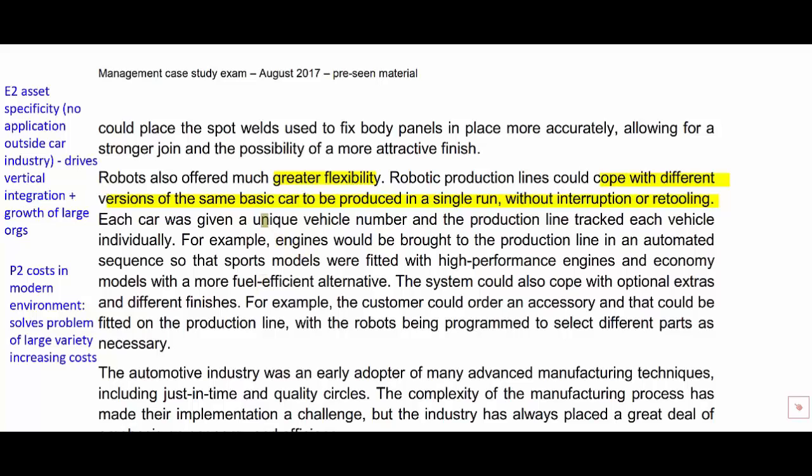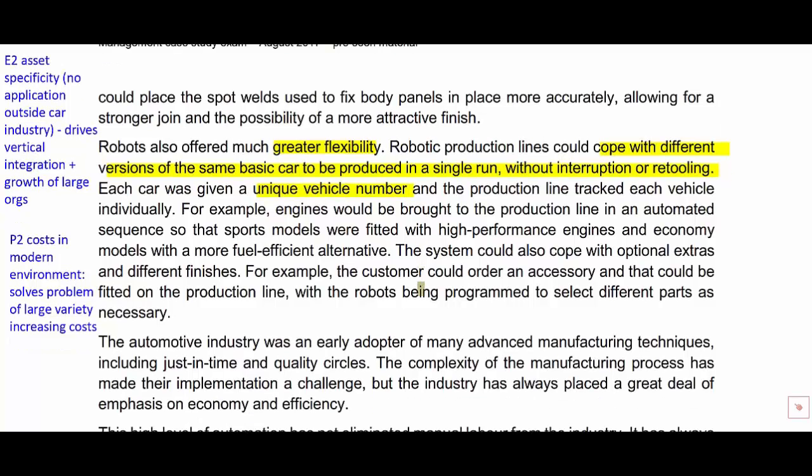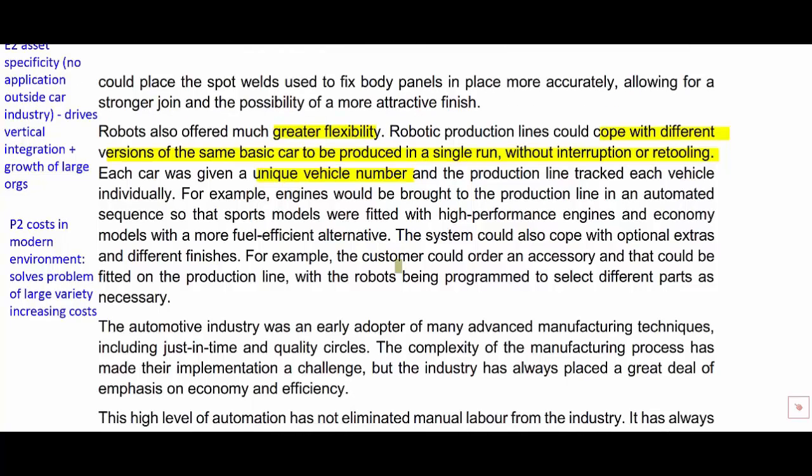Okay, then we're told a little bit about how this greater flexibility is achieved, that each car is given a unique vehicle number, and it's tracked through the production line. And the various elements then are brought to the production line in automated sequences so they can be fitted out, and the system is able to cope with optional extras and different finishes.